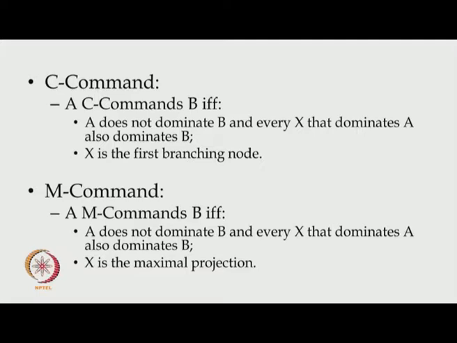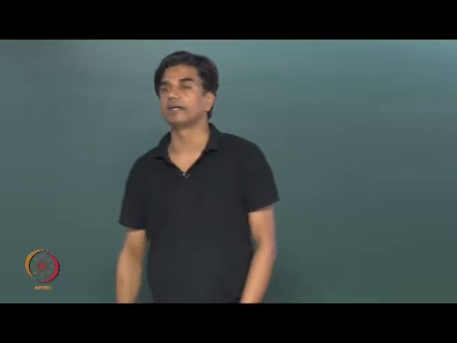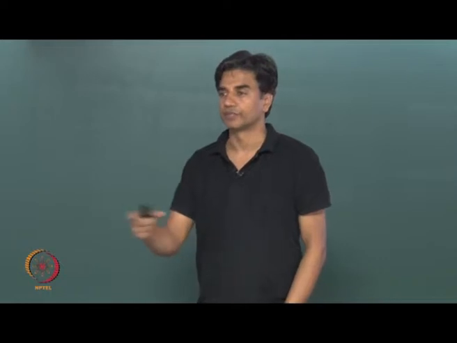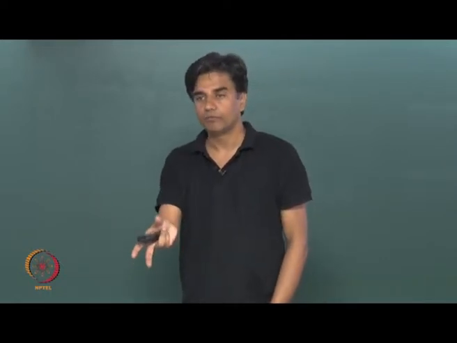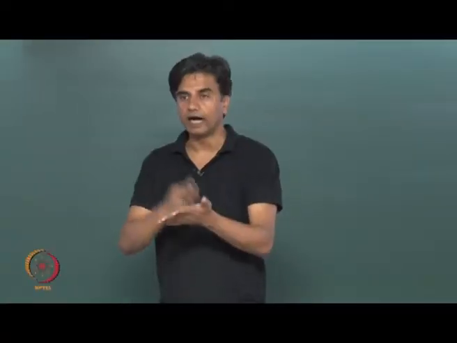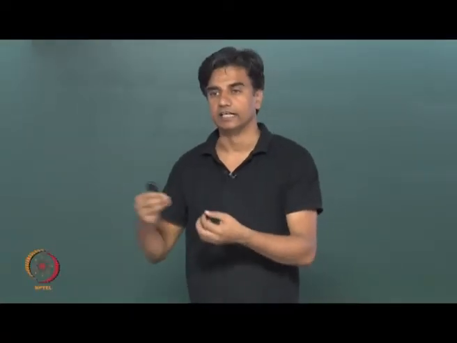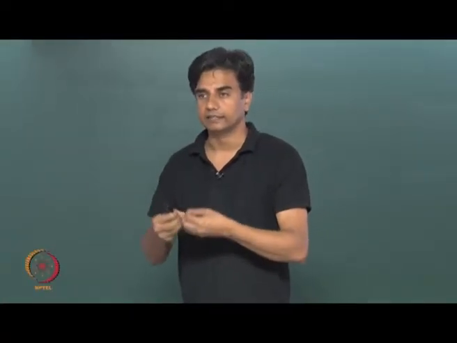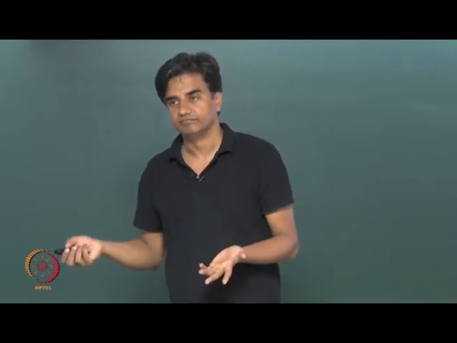Therefore, we talked about M command, and when we look at the difference between C command and M command afresh, we need to modify the notion of government, and this is how finally the notion of government looks. Under this notion of government, we can say both I and V govern the NPs that they case assign. Okay?